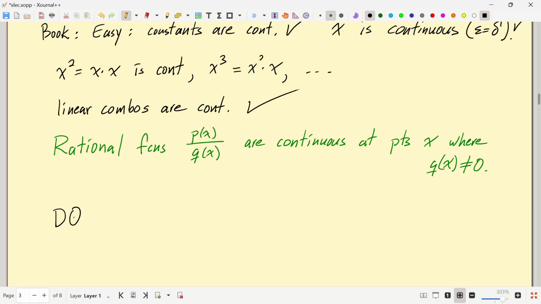So a difference quotient, if I think about something like x squared minus 4 over x minus 2, that's what you get when you kind of differentiate x squared. You can factor the top and get x minus 2 times x plus 2.